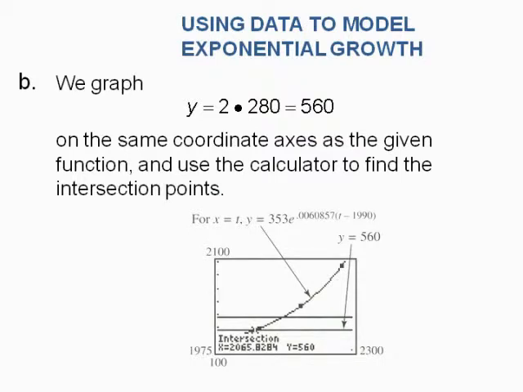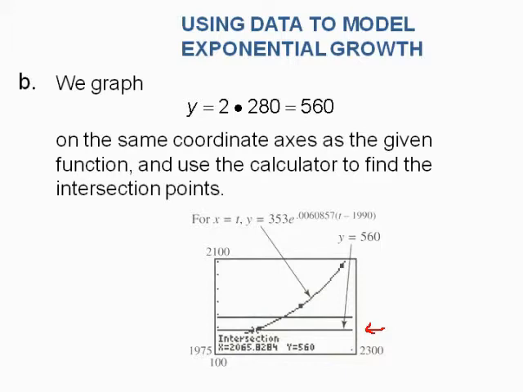Now, if we want to look at how long it's going to take to double from 280, we'll say y is 2 times 280, or 560. Here is the line y equals 560 on the graphing calculator, a horizontal line. Notice the point at which it intersects our curve.